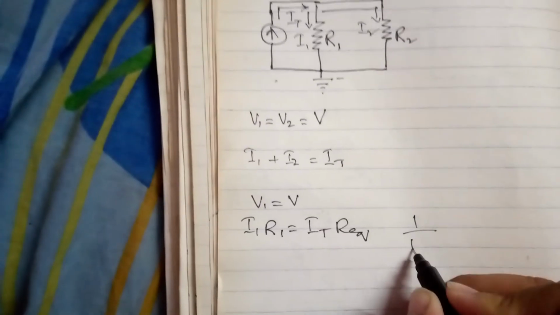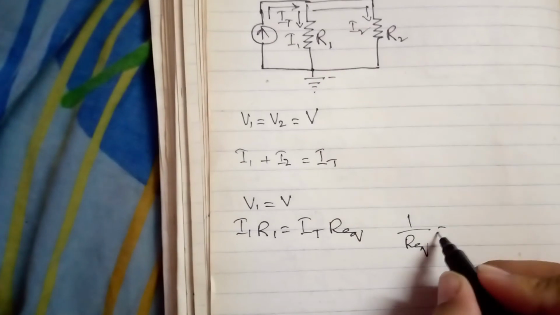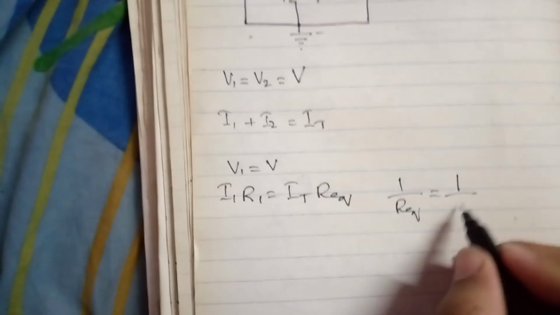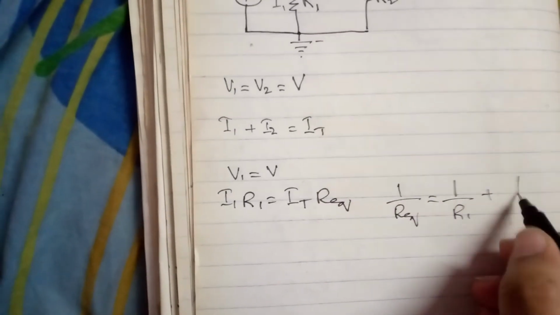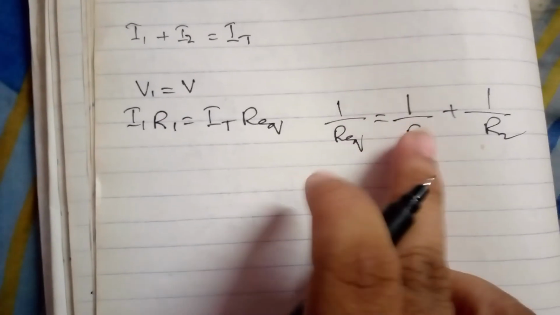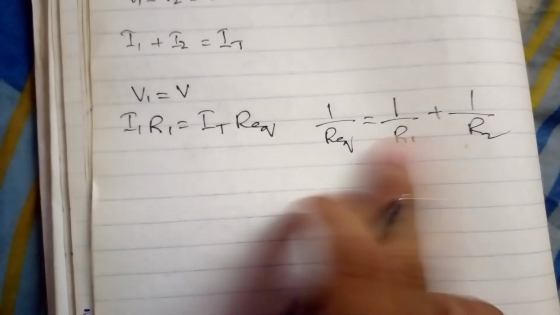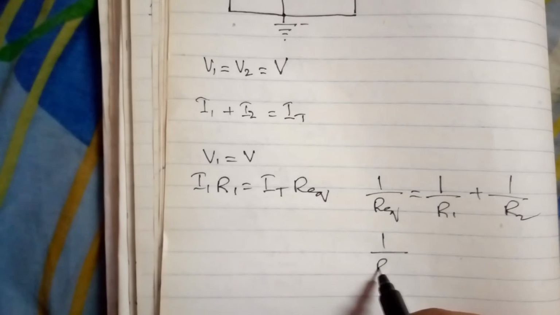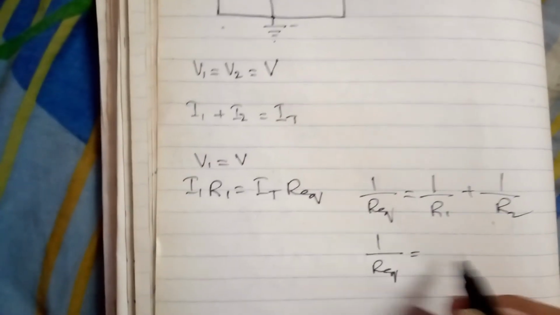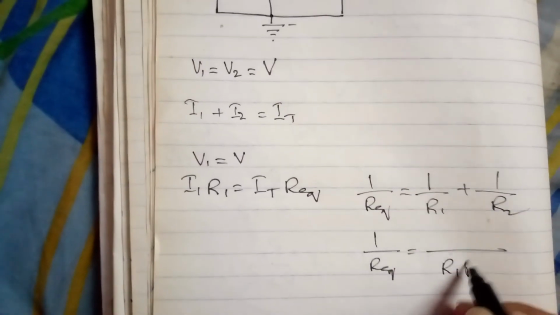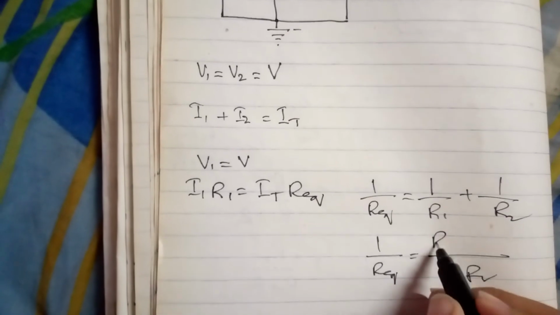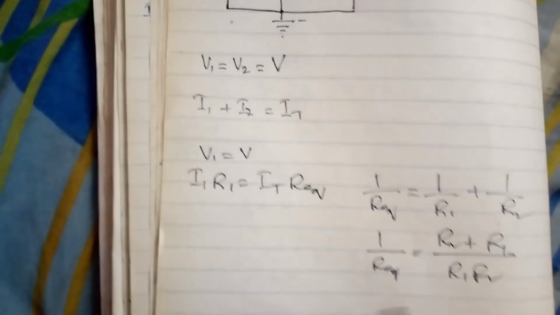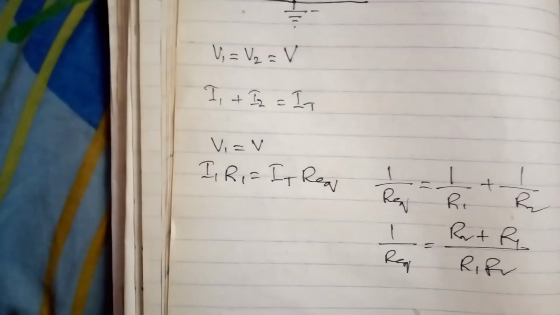So 1 upon R equivalent will be equal to 1 upon R1 plus 1 upon R2. You will just take the LCM of R1 and R2, and then reciprocal on both sides.